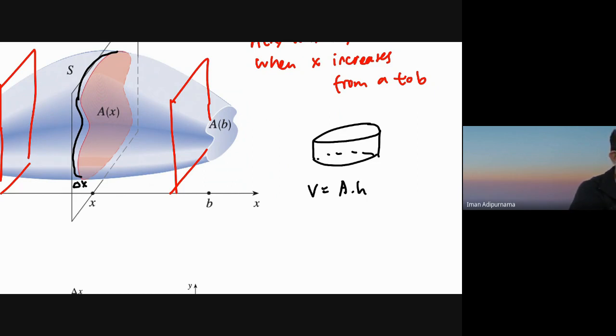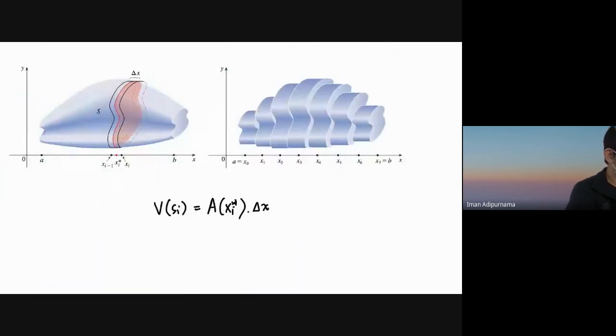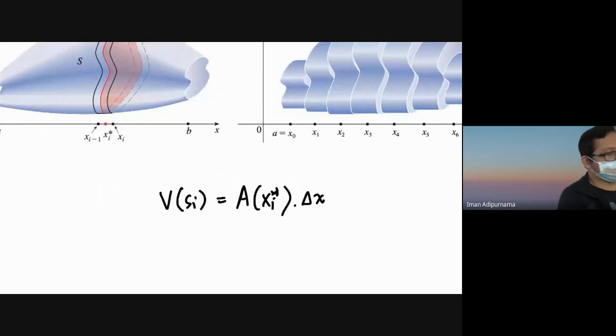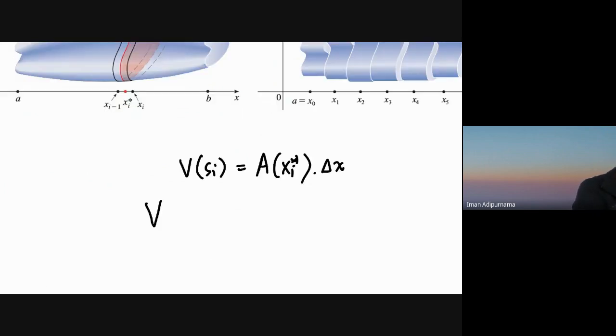It's just this: area and height. Similarly, we have the area and then delta x for a small slice of the volume. So what we need is to add all the volumes, all the slices that we have done, for some n, like rectangles. How many rectangles do we have?